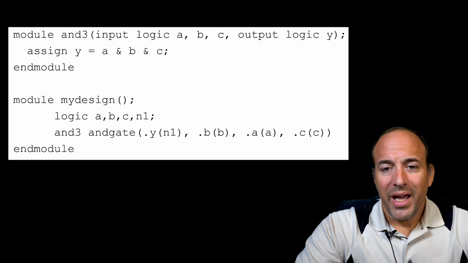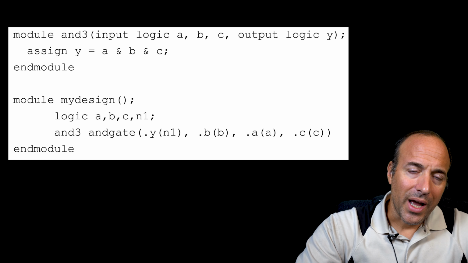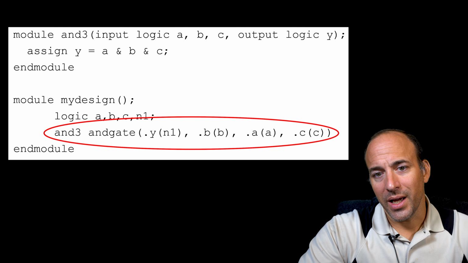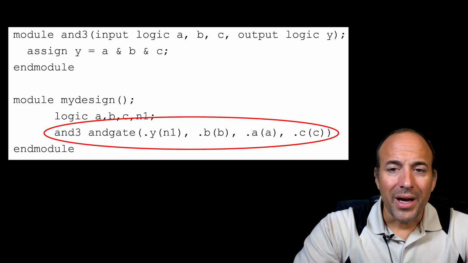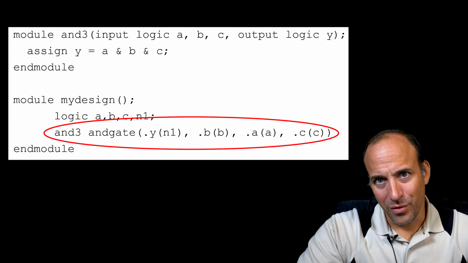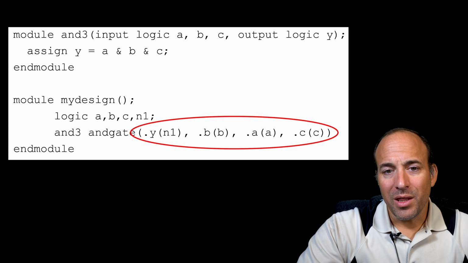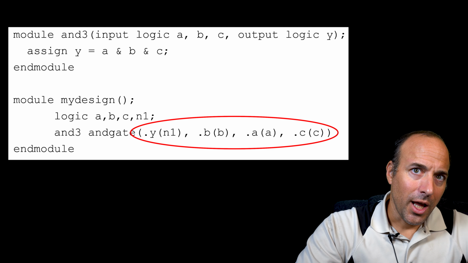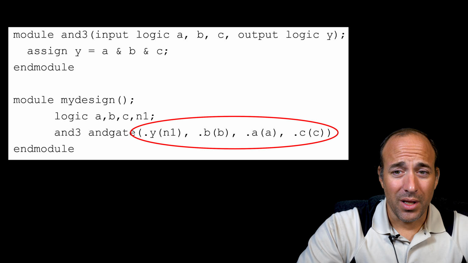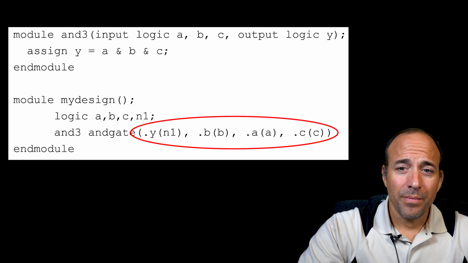Within myDesign, the and3 module is instanced, similar to how an object is created from a class in Java, where you specify and3 followed by the instance name, andGate, which would be equivalent to an object name, followed by the port mapping, where the port names begin with a dot. Those are the formal port names as defined within the and3 module.